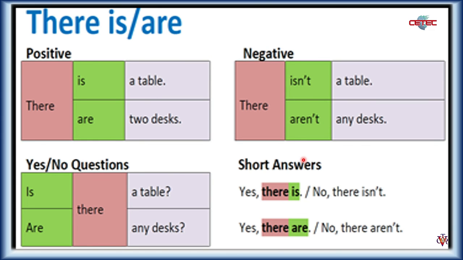Finally, we have to check this section. There is and there are. Positive, there is a table, there are two desks. Here in a negative, there isn't a table, there aren't any desks. The short questions, yes or no. Is there a table?